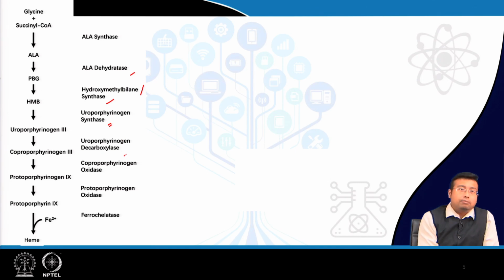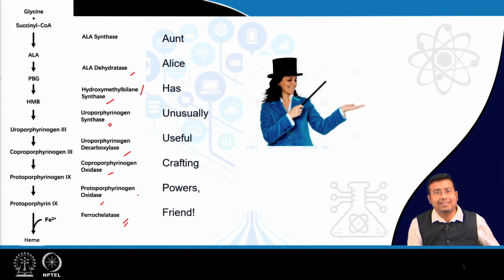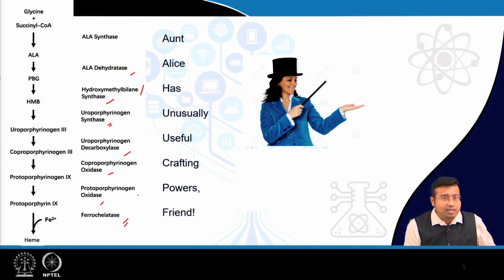Then decarboxylase, oxidase enzyme, and the last enzyme is ferrochelatase. Is there any way to remember this as well? There is, so I give you another mnemonic: Aunt Alice has unusually useful crafting powers, friend. Remember magician Aunt Alice, who can craft many things by waving her magic wand. You can again see the initials of this mnemonic correspond to the enzymes.